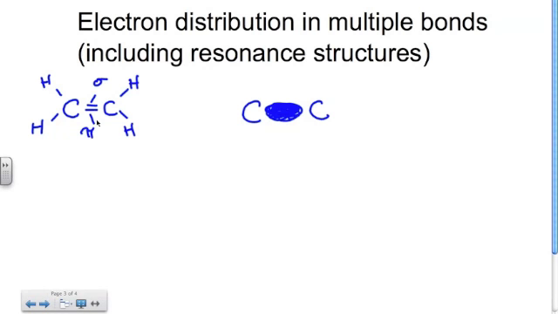Well, remember a single p orbital has this water wing shape. So what will happen is that these p orbitals, since they're sharing with just another p orbital, they don't hybridize.